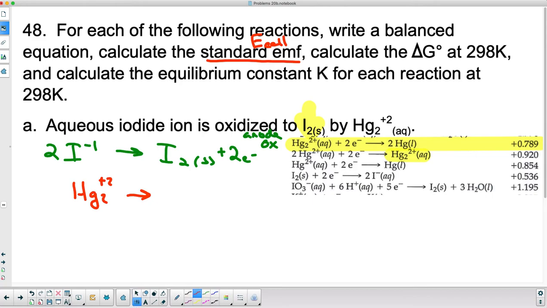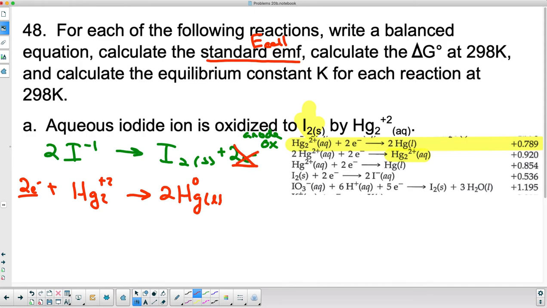Okay, so now here's what this looks like then. That's going to be a +2e like this, and then over here we're just going to have 2 mercuries at 0 that are liquid like that. Now all I have to do, I don't have to balance anything else. I have the 2 electrons. This is so easy.